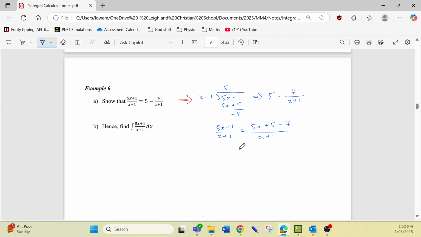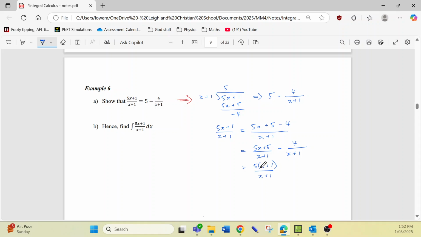but we can split this up into two separate fractions. So 5x plus 5 over x plus 1 minus 4 over x plus 1. And we can see here we've got a common factor of 5, so you've got 5 outside of x plus 1 over x plus 1.